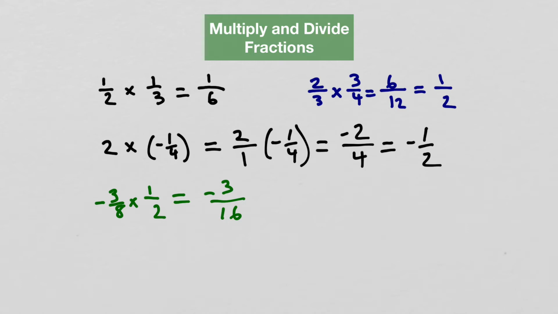Let's try another example with a mixed number. Okay, here's what I mean. Let's suppose we have 2 1/3 times 3 1/5. Okay, so what we need to do is change each of the terms into improper fractions.